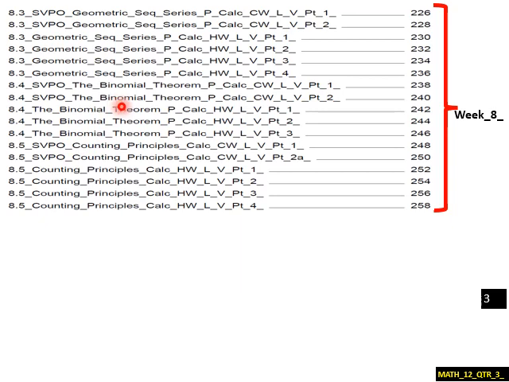And then the binomial theorem, 8.4. And then 8.5, we get into counting principles for 8.5 and 8.6. That's week 8. And then week 9, we get into probabilities, and then we have our chapter 8 review and summary here for week 9, and then our homework for that.